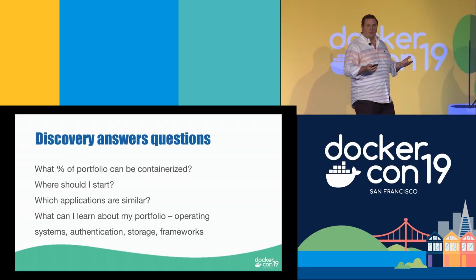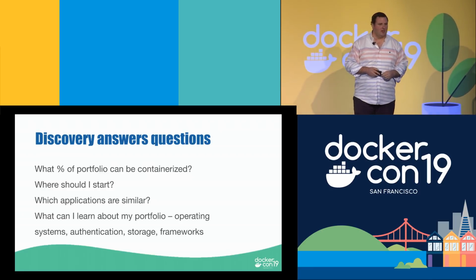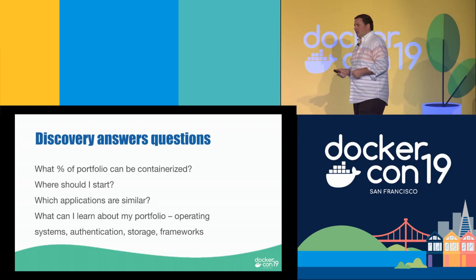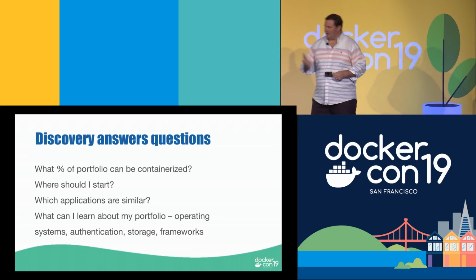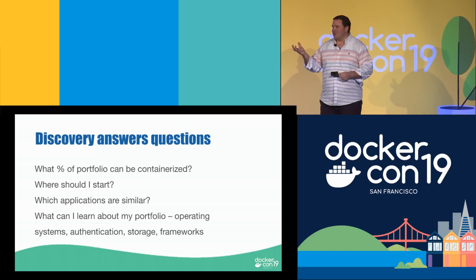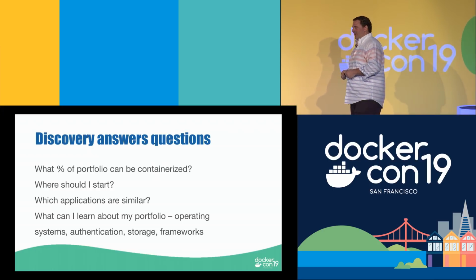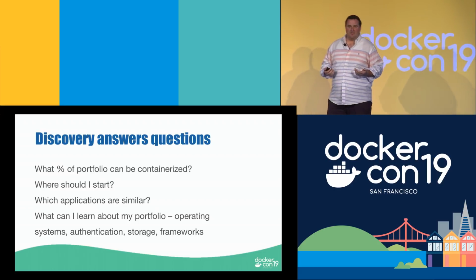So percentages of the portfolio, what can be containerized, what can't, is something very important to get right off the bat. Where do I start? Most folks come in and say, I've got the most difficult, gnarliest application in my entire portfolio. We want to start with that. And the downside to that is that it can set yourself up for failure a little bit.